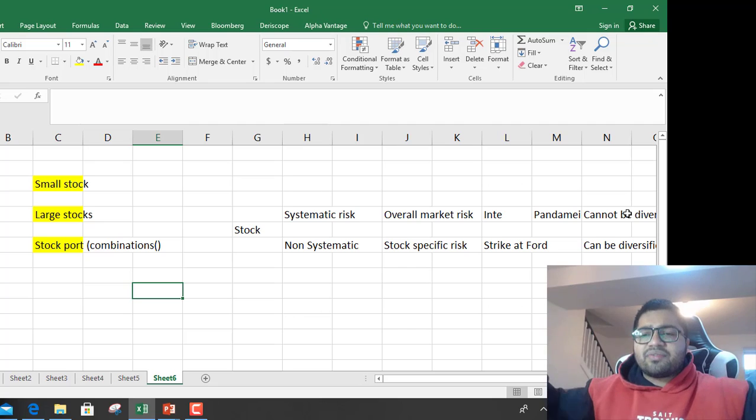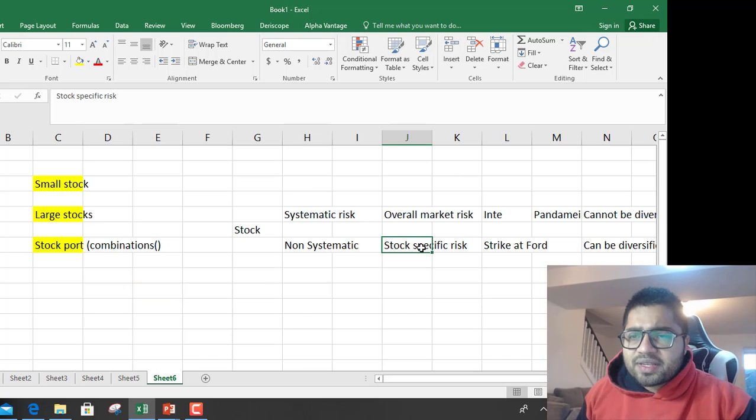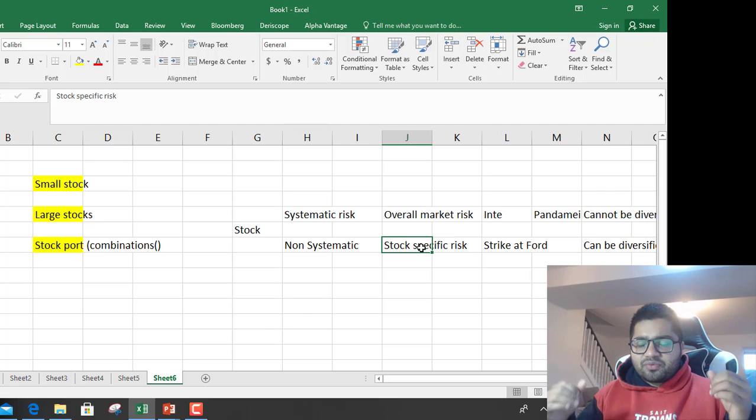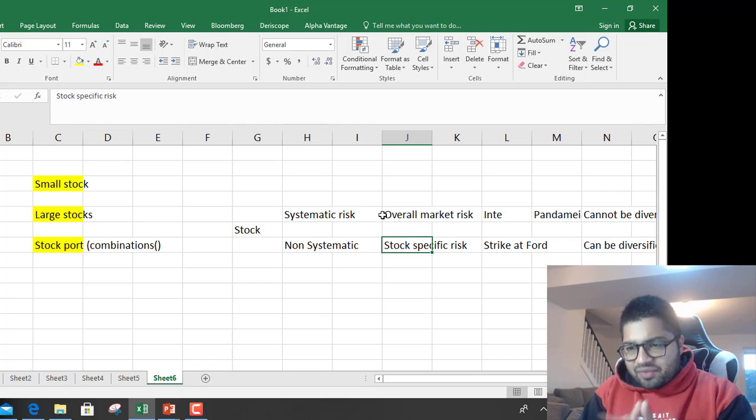So my risk is divided. So if one company performs badly, it doesn't impact every other investment that I have. So stock specific risk can be diversified. So if you have 2 or more stocks in your portfolio, you can reduce stock specific risk. But systematic risk, the risk that impacts everything, cannot be diversified.